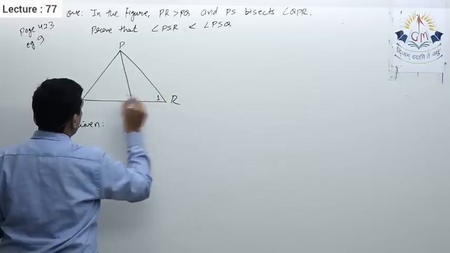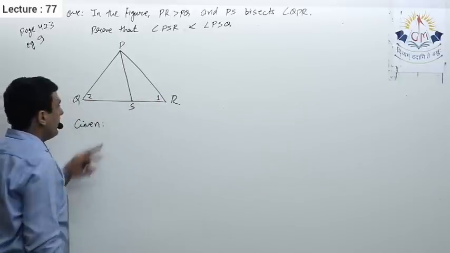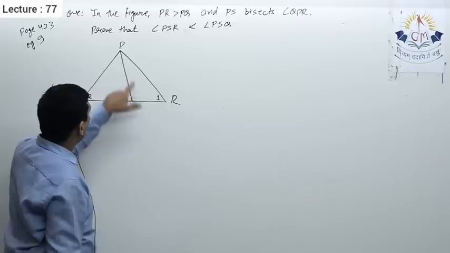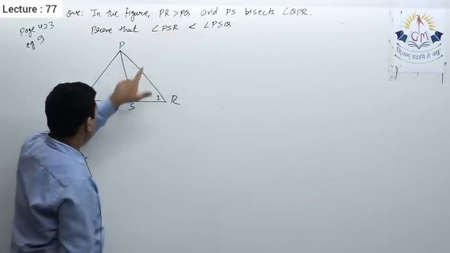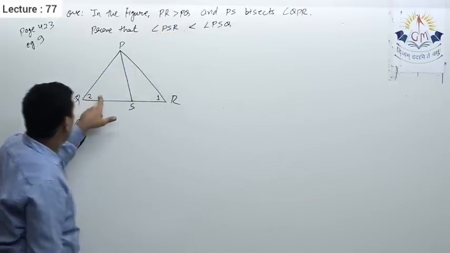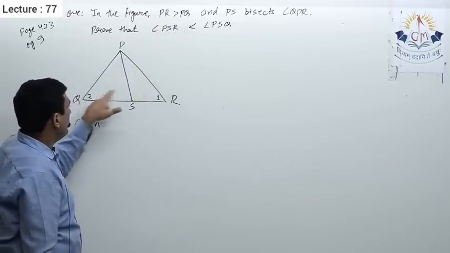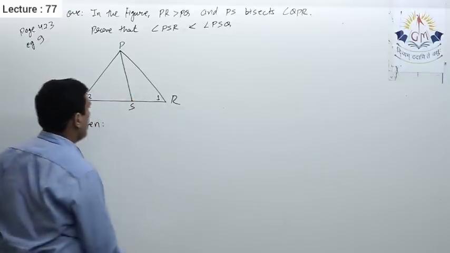Let's say this is angle 1 and this is angle 2. Why am I naming this as angle 1 and 2? Because there is a relation between PR and PQ, so I might need the relation between their opposite angles as well.